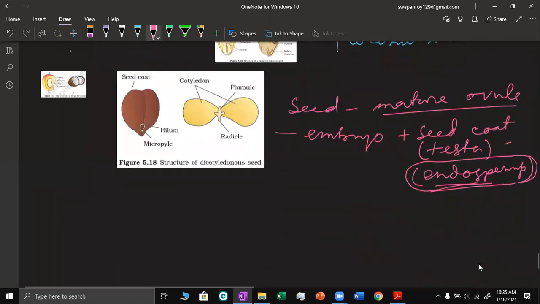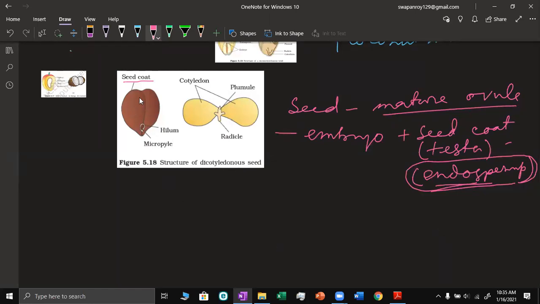So this one is gram seed. What is shown from the outside, this brown coat, is the seed coat or testa. This is formed by the integument of the ovules.